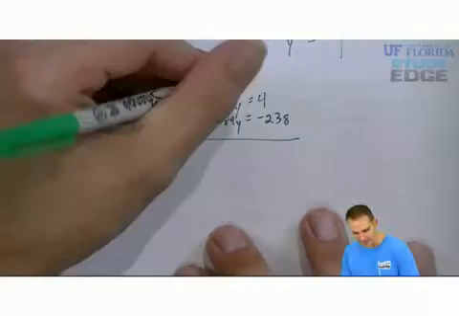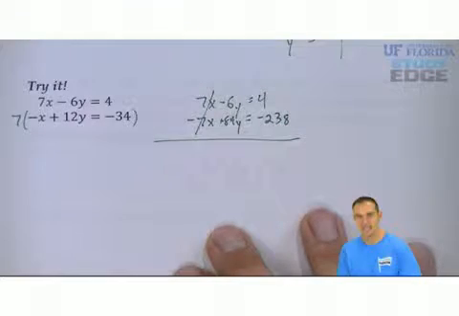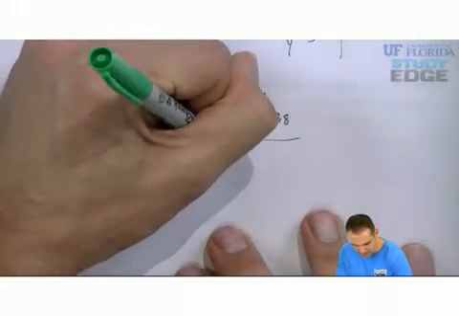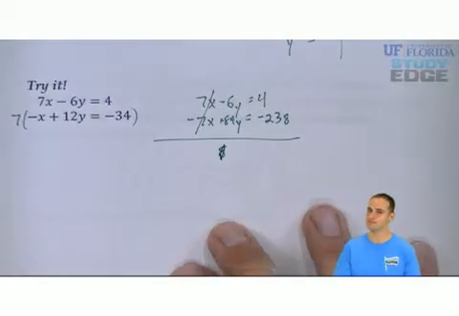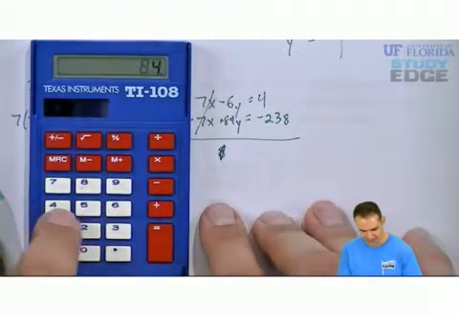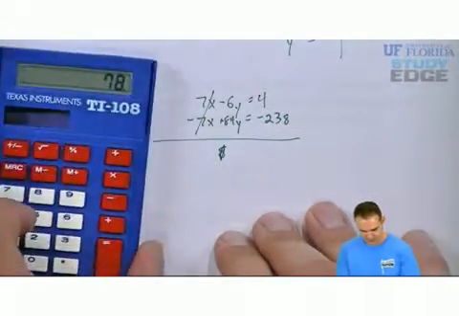7x and negative 7x add together. They get eliminated. Negative 6y plus 84y will end up being, let's see. Might as well use that calculator. 6, make it a negative, plus 84 is going to be 78.